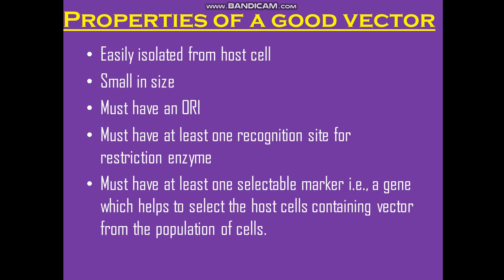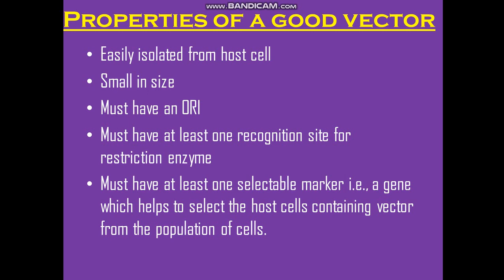For our benefit, we need at least one marker gene present. That marker gene should give us some signal. That signal may be in the form of some product formed, or some fluorescence produced, or some antibiotic resistance gene.